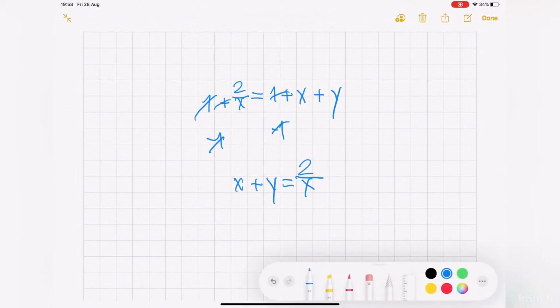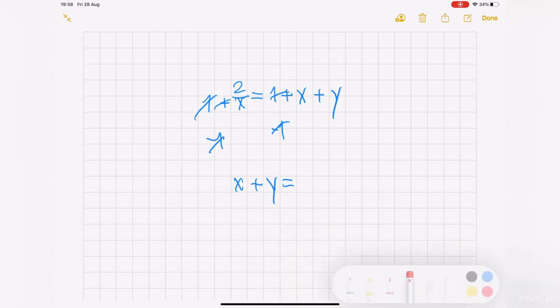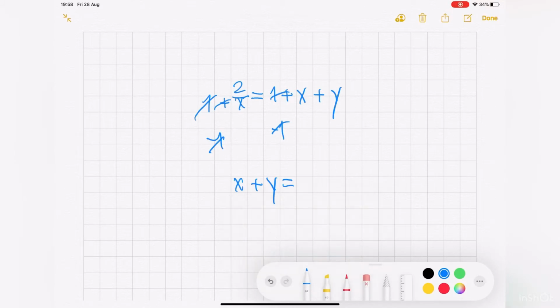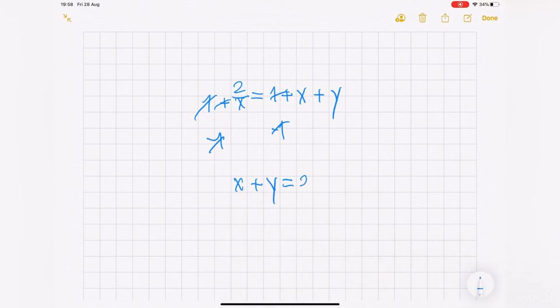As you can see here, we could do it to make it simpler for people who just learned about this, as 2 divided by x.